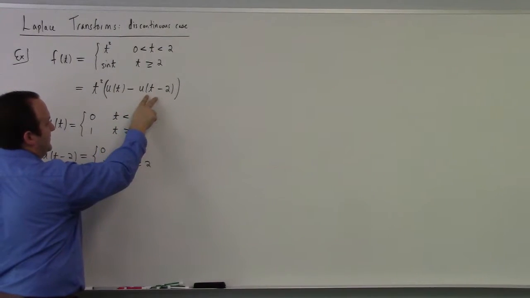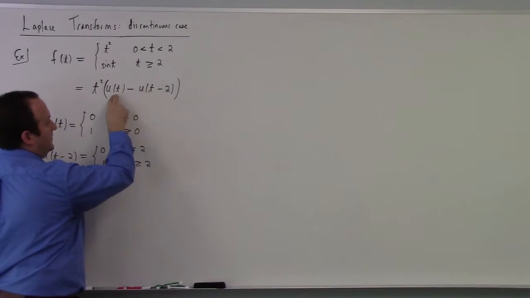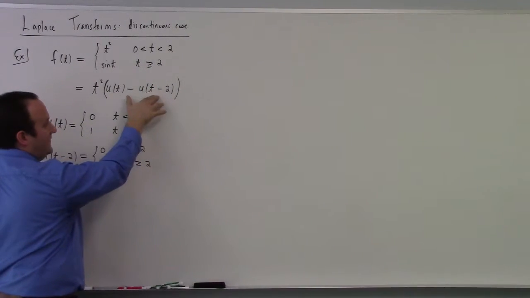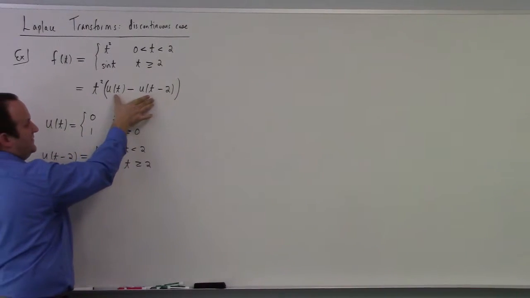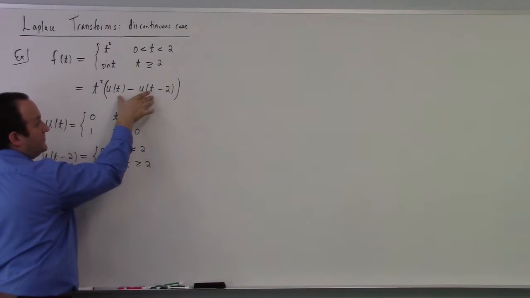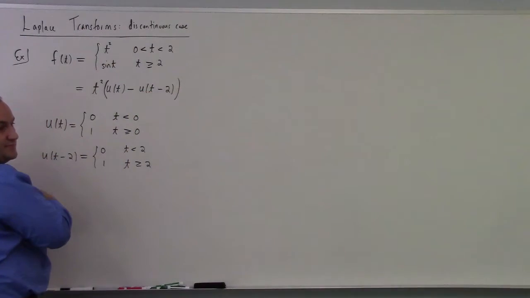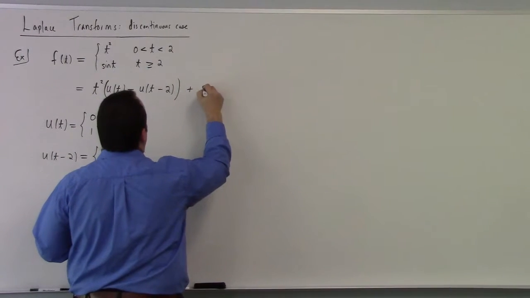Then at time 2, what happens? At time 2, this thing starts being 1. Before time 2, from time 0 to time 2, this was 0, so it didn't do anything. But at time 2, this becomes 1. So then you have 1 minus 1, which is 0, effectively nullifying this term. So this basically turns on at time 0 and turns off at time 2. That takes care of case 1. So then I do plus sine of t.